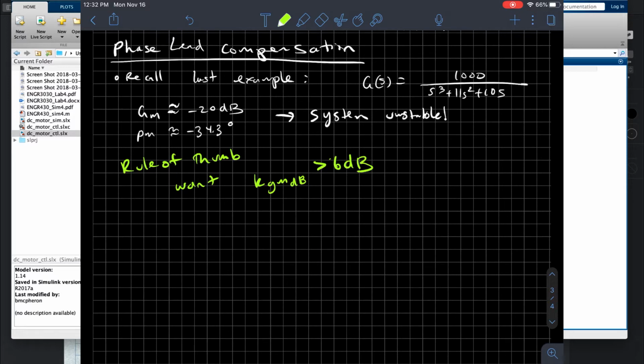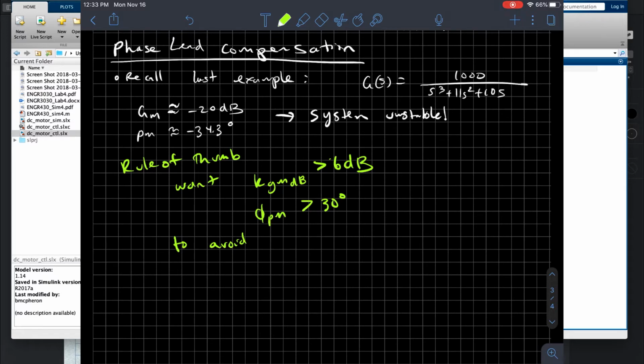The reason is that 6 decibels is a factor of 2, so we want to make sure that we won't have a significant issue there. And we want phi PM typically to be greater than 30 degrees.